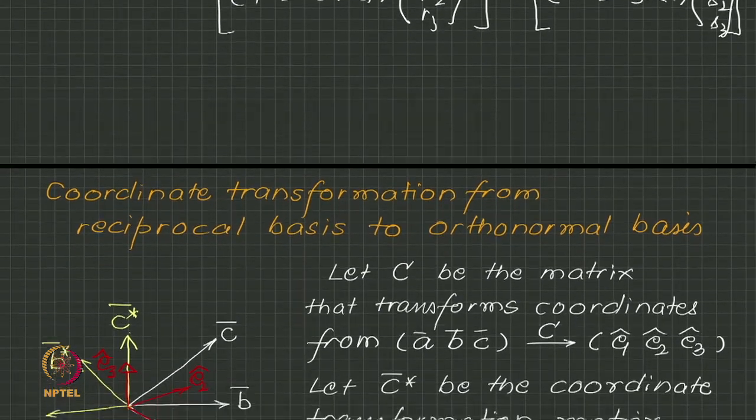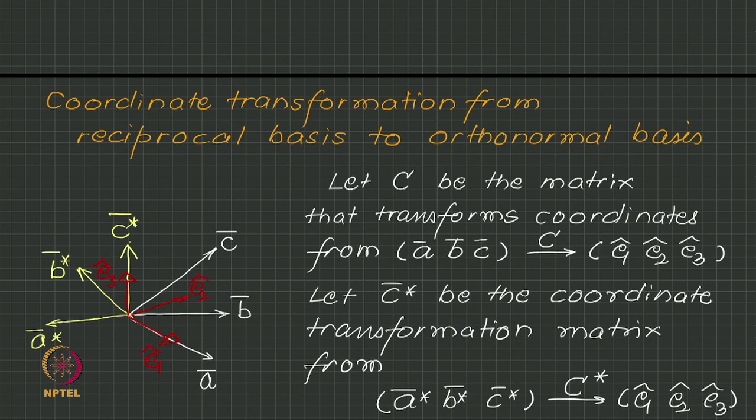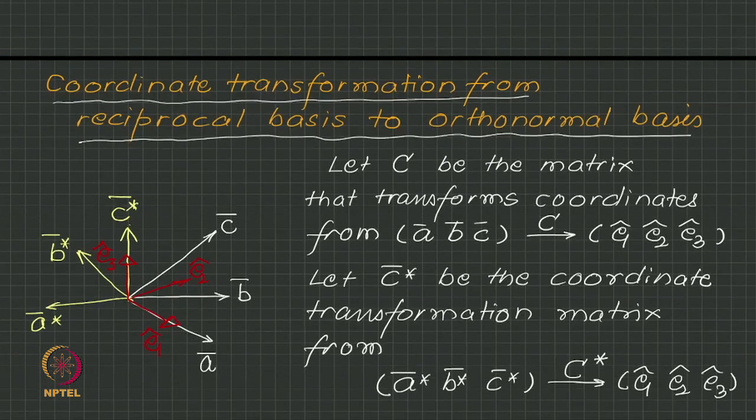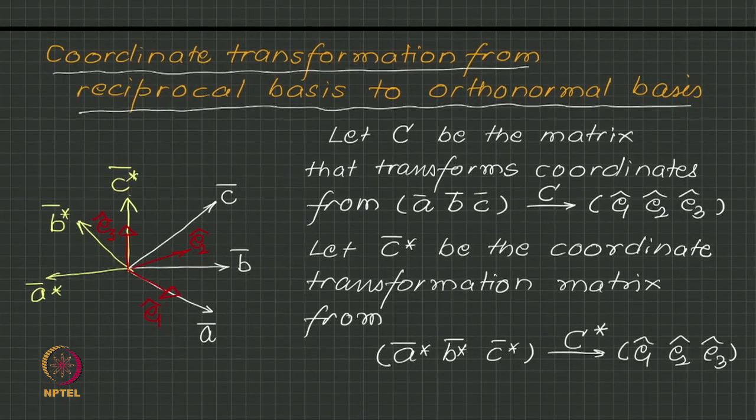So, now we have seen the coordinate transformation in the real basis. Now, can we do that same thing for reciprocal basis? So, let us see this. We have developed this formulation partially and the rest was left as a homework exercise for you, the last column.